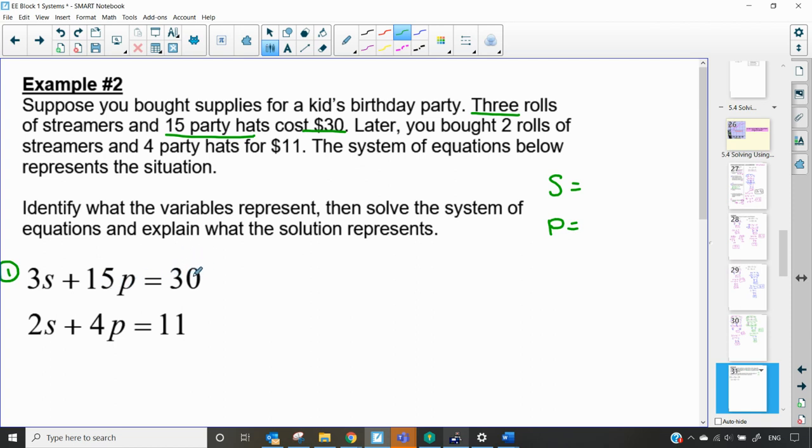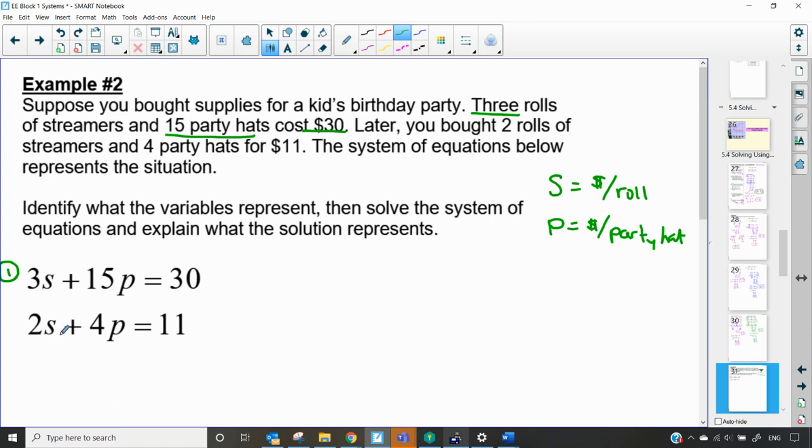So we're talking about a cost. Well, we know how many rolls of streamers we have. We know how many party hats we have. But in order to get a cost, what we're missing is the cost per item. So S is going to represent the cost per roll of streamer. And the party hat, or the P, is going to represent the cost per party hat.